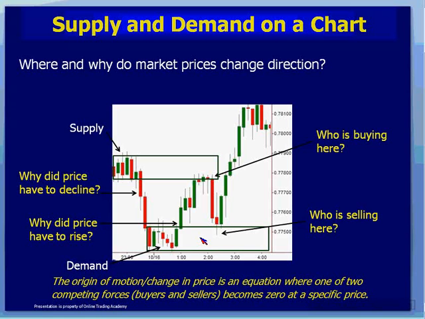Make sure, okay, that there was a strong move away from the level. Remember, prices can move away from these levels in one of three ways. It can be a gradual move away from the level. It can be a stronger move away from the level, maybe like this, or prices can move away maybe with a gap. Remember, the stronger prices move away from the level, the more out of balance supply and demand is at the origin of that move.